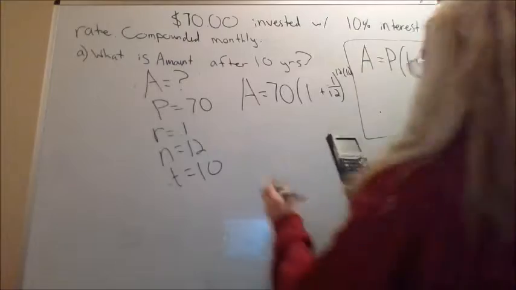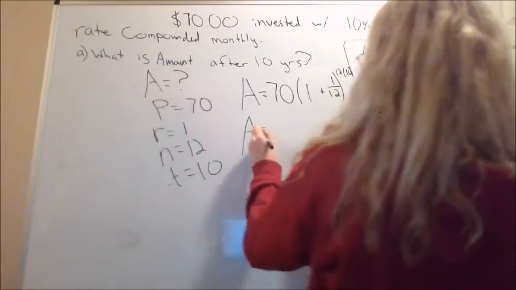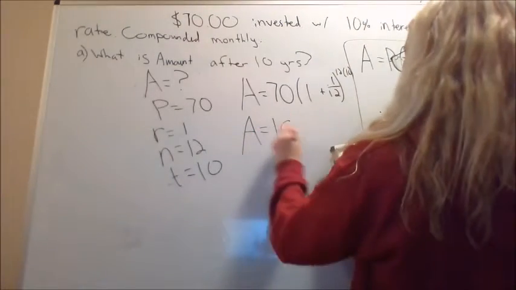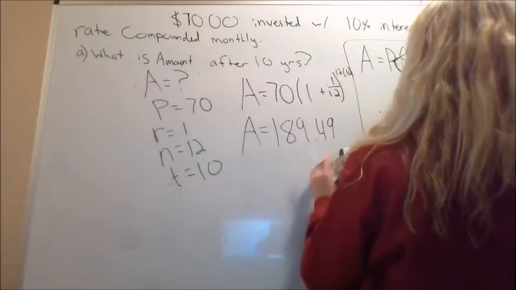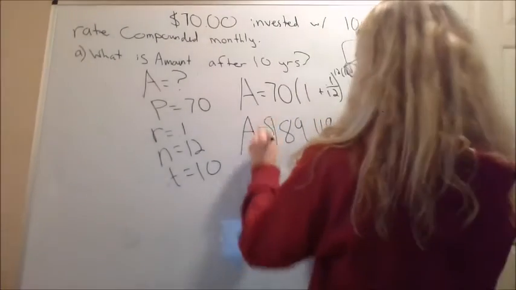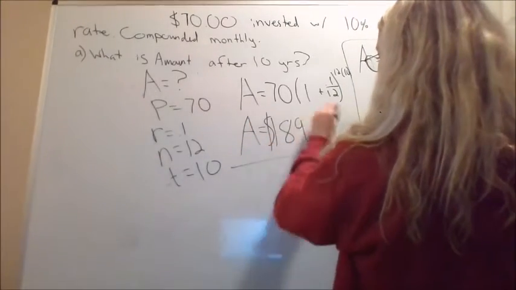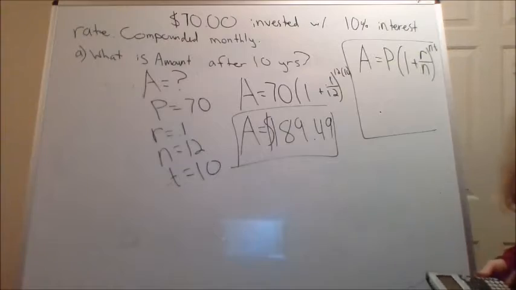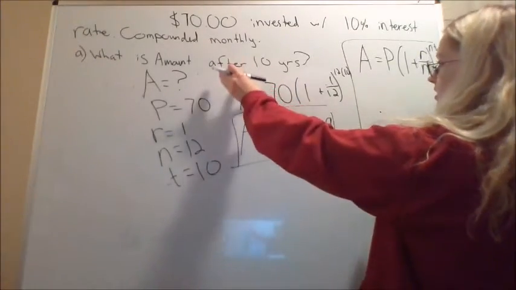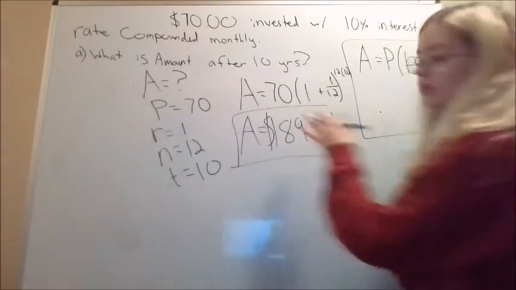And we get A equals 189.49, and that's rounded to the hundredth dollars. So this 189.49 is our dollar amount after we've invested this amount, $70, for 10 years.